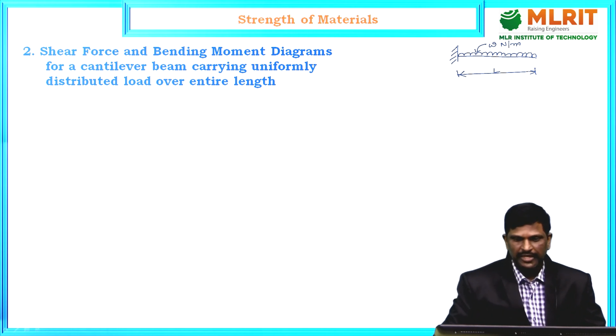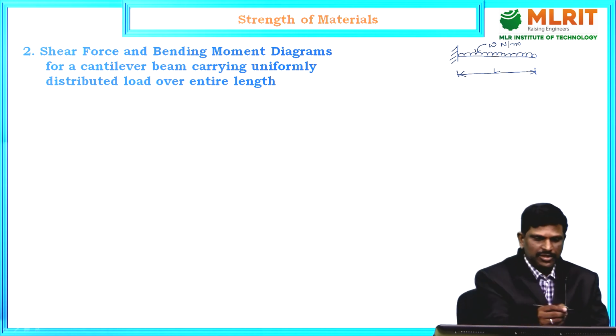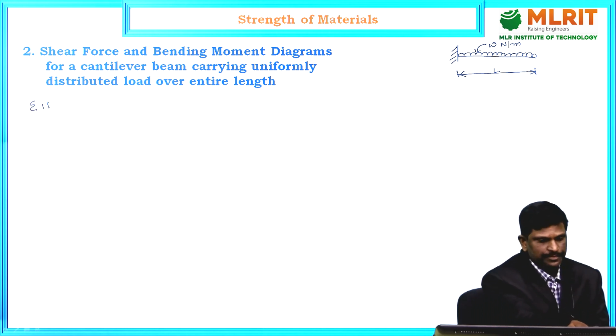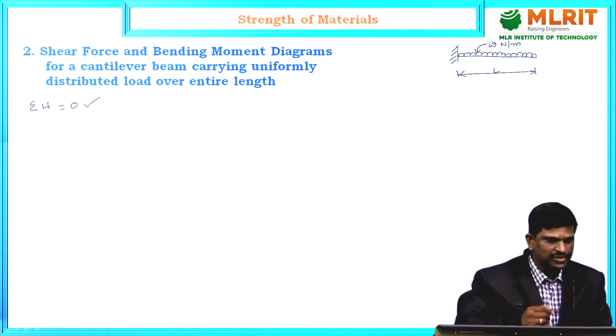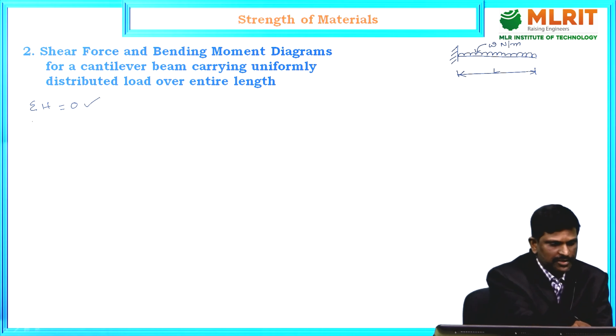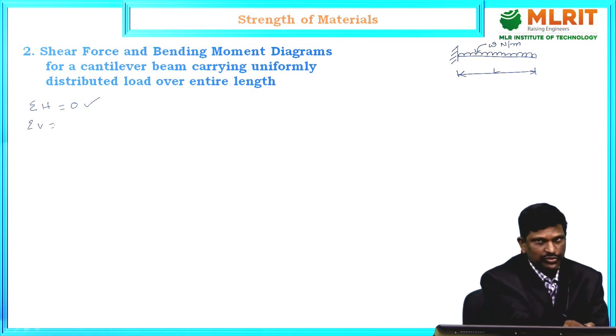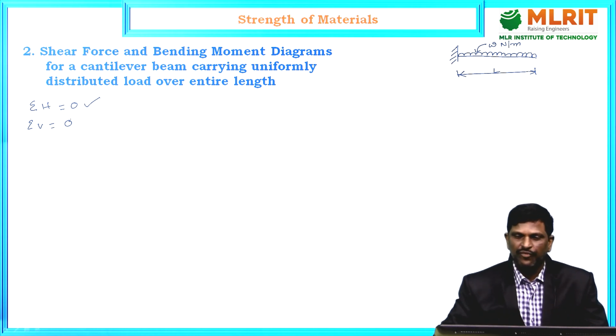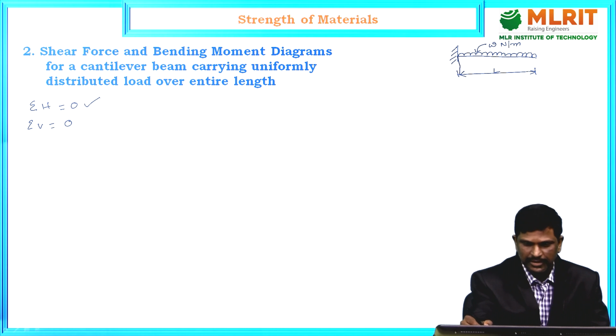Find the support reactions first. To find the support reactions, I will take the help of equilibrium equations. Sigma H equal to 0, the condition is satisfied as no horizontal force is acting on the beam. Sigma V is also equal to 0, but we have two vertical loads acting on the beam. One is the UDL acting in the downward direction, along with the reaction at the support RA.